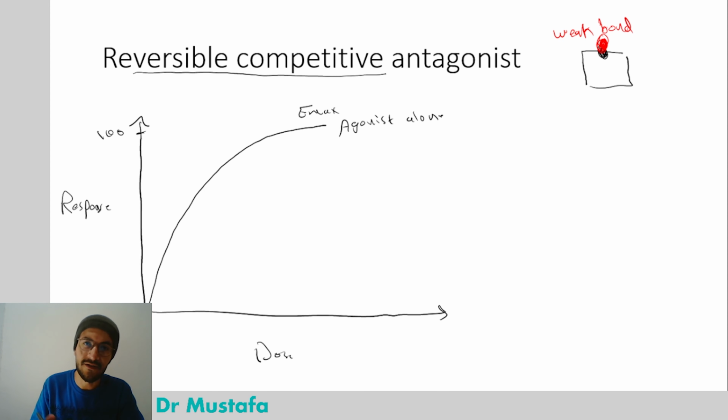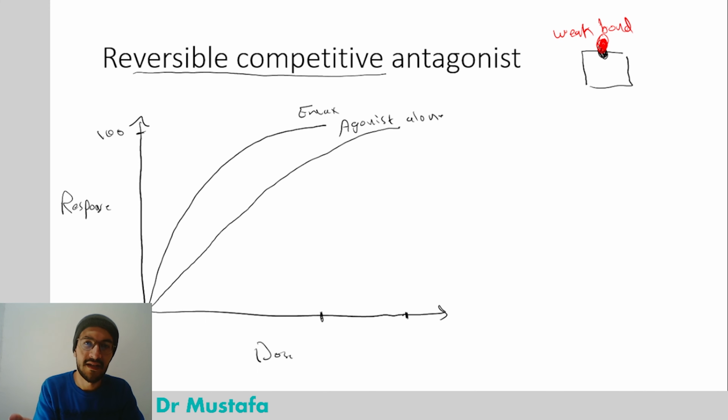Now the curve for the agonist plus the reversible competitive antagonist. We notice that when we add dose, we don't get the same effect in the beginning, so we get a little bit less effect. But when we keep increasing the dose, we also reach the Emax, but this time with more dose than the Emax of the agonist alone.